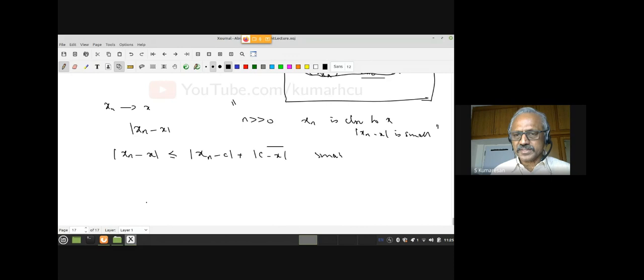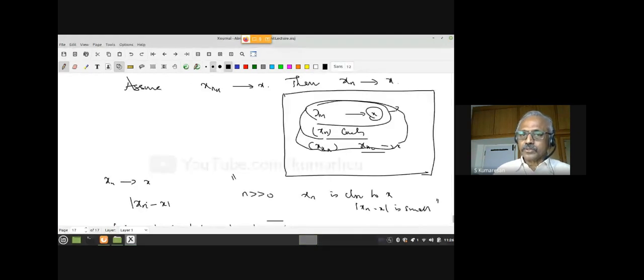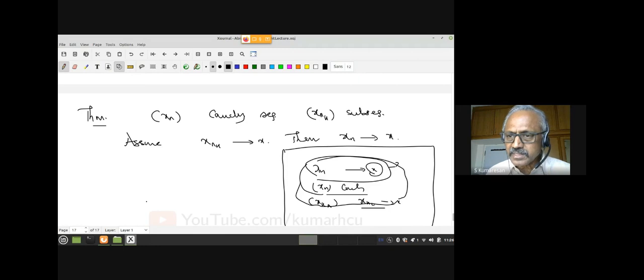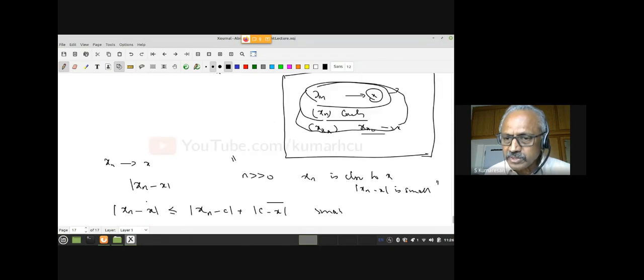How do I find such a c? You are focusing now. Now that you understand what the tool is, my thinking is very, very precise. I have to find a c. Now I have to go back to the hypothesis. What did the hypothesis say? The hypothesis said x_{n_k} is a subsequence, and it converges to x.